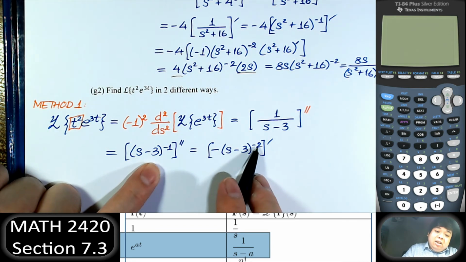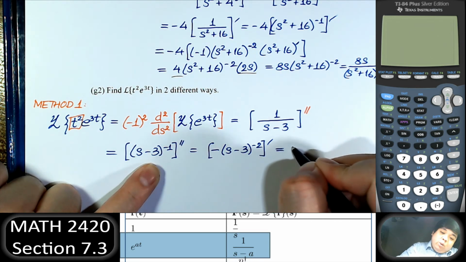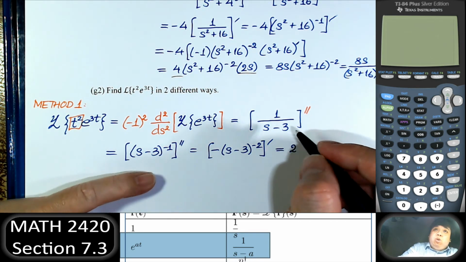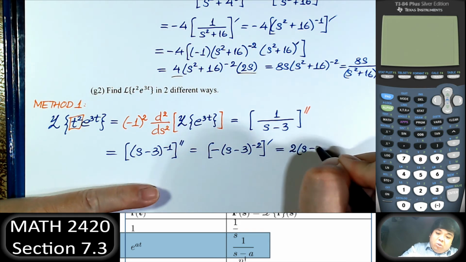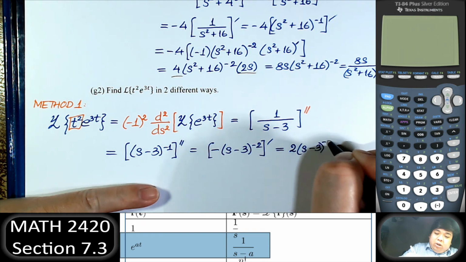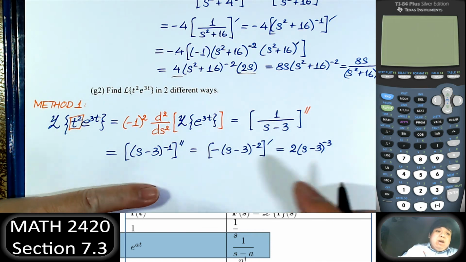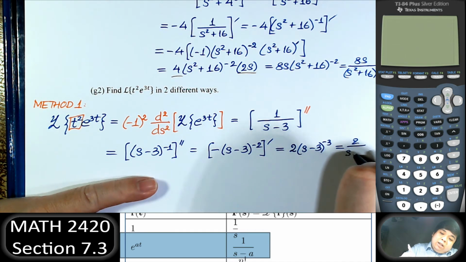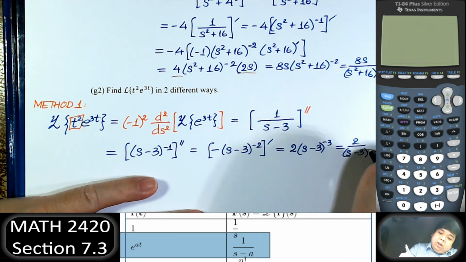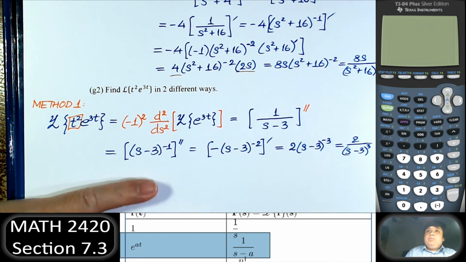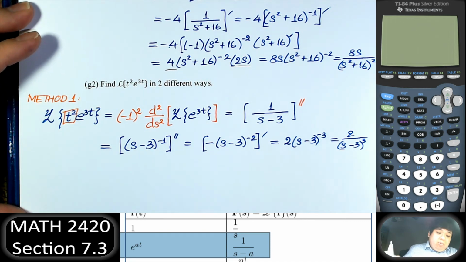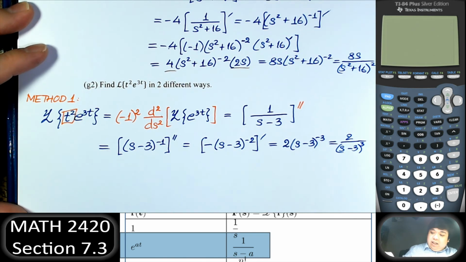Take the derivative one more time: negative 2, bring it down, becomes positive 2, s minus 3 to the negative 3. And then we move that to the bottom, we have 2 over s minus 3 cubed. So that is one way to do that, using the transform of t in it.